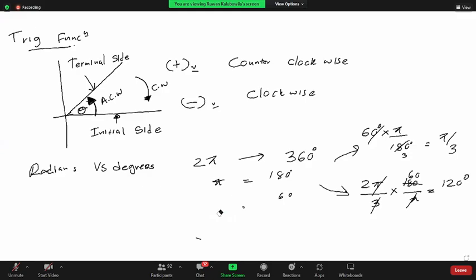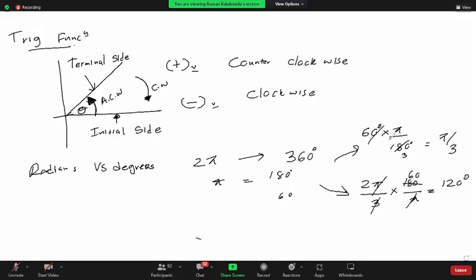If you have radians, you should multiply by 180 over π, because π should be in the denominator, because you have to cancel out the π when you come to the answer in degrees. So in this case it is 180 over π.